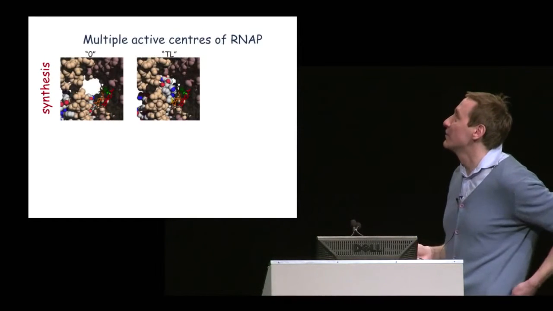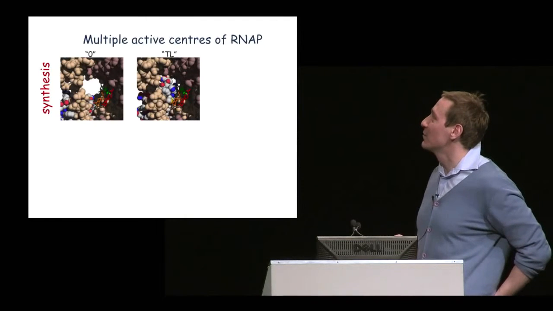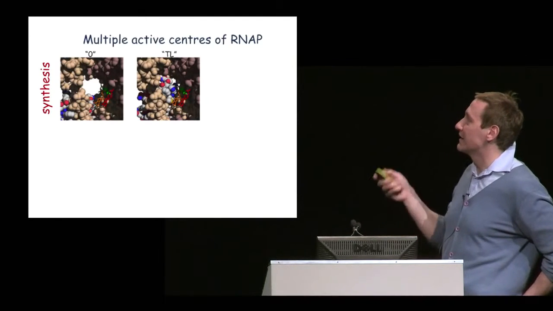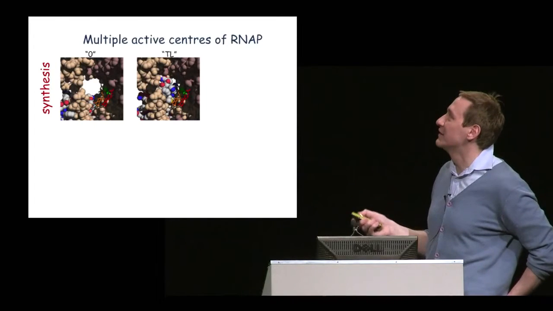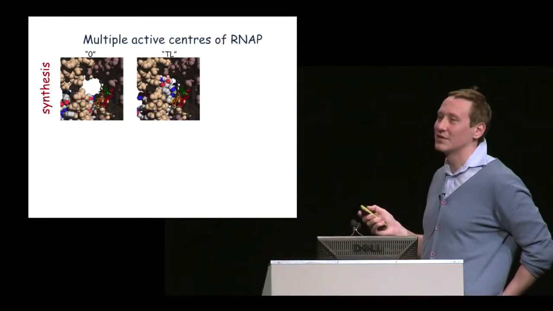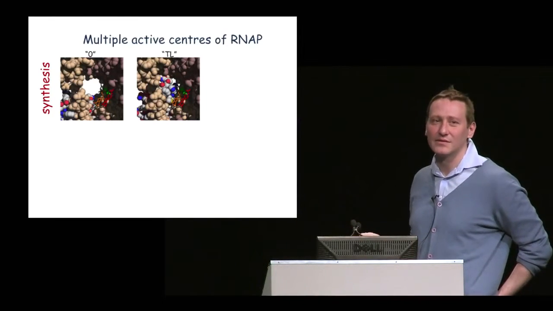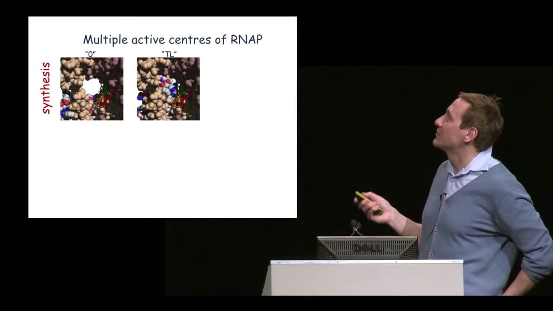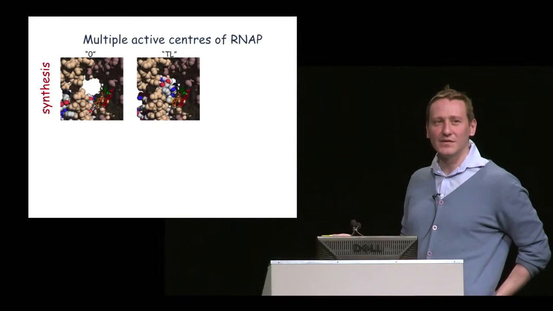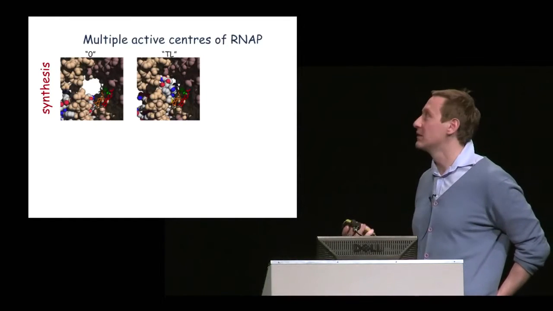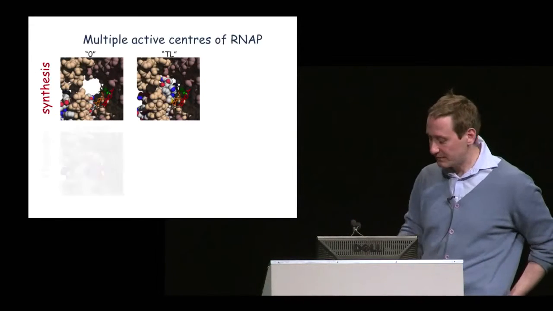Okay, so I would like to summarize everything I spoke about and show you the different active centers now in one slide. We have the empty active center, which is insufficient in any sort of catalysis. We have a trigger loop active center, which is very efficient in synthesis of phosphodiester bonds and elongation of RNA.